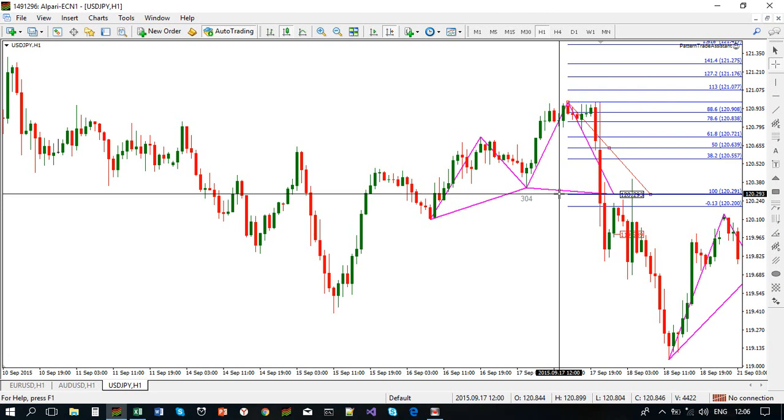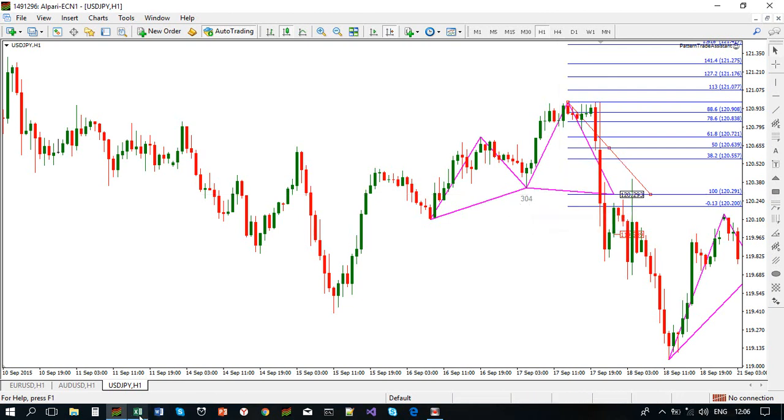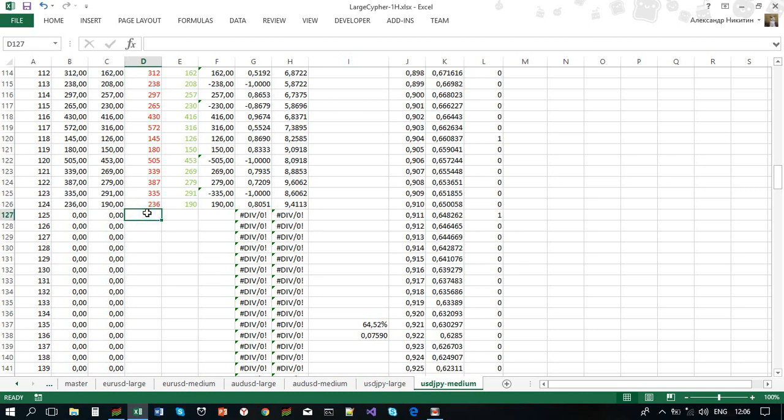Come on. Okay. 26.7, 13.4. And it equals to minus 13.4.